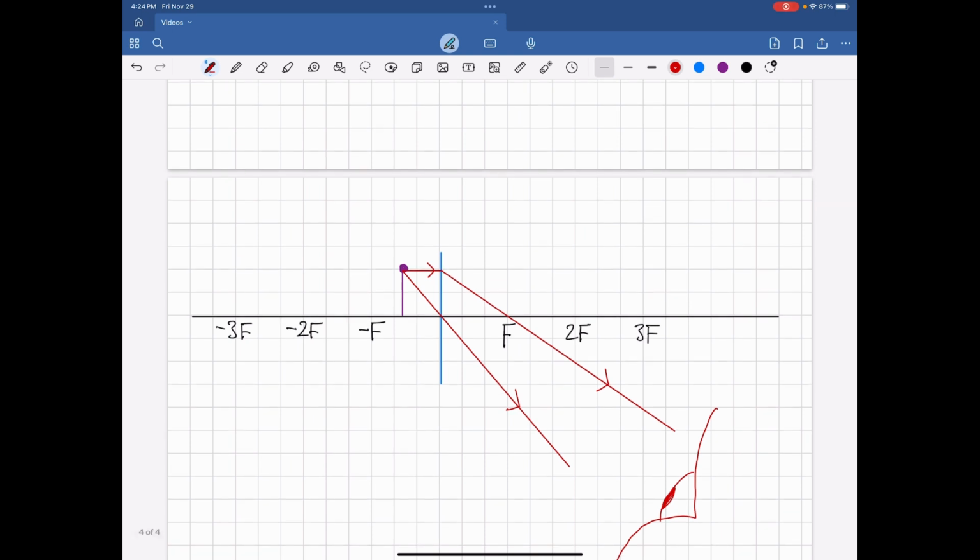So what your brain will do is it will follow the path of this ray of light and believe that it's coming from somewhere over there. And we can do the same with this one. This will also be followed back by your brain, and you will see that they kind of meet at a point around about here. Well, at this point, this is where your image is going to be formed.